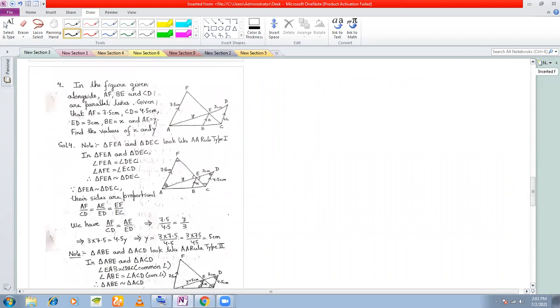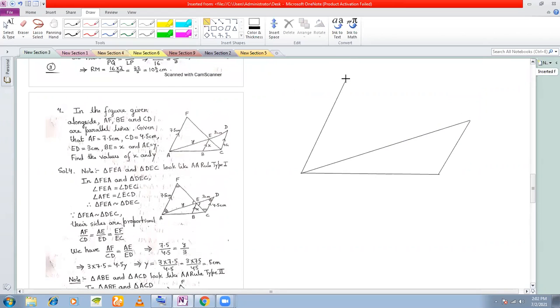Moving on to the next problem. These three lines are parallel.